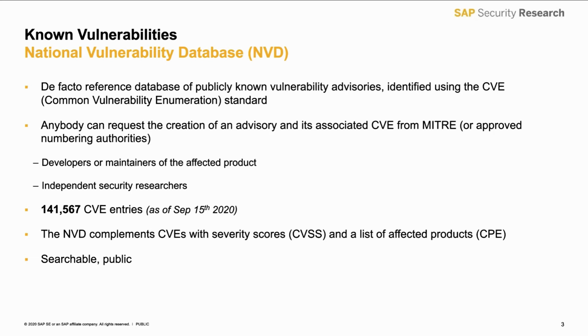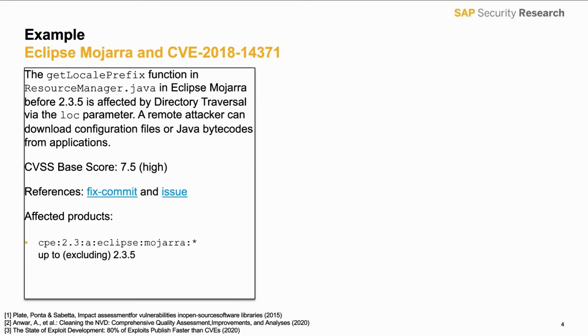On the other hand, when using the NVD for the purposes of vulnerability analysis, a few shortcomings become apparent. To give an idea of what are these shortcomings, let me take an example, a CVE affecting Eclipse Mojarra. Here on the left, you can see the content of the CVE.